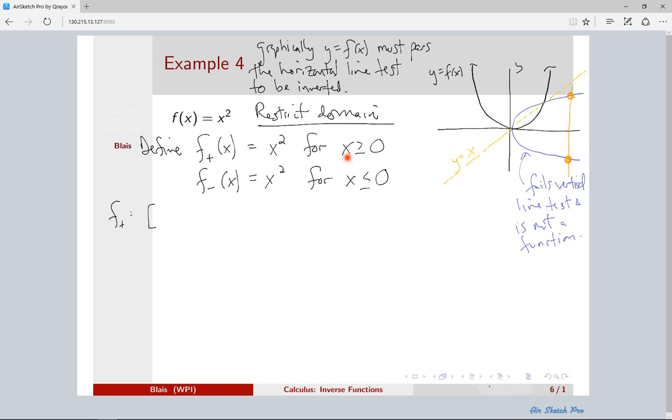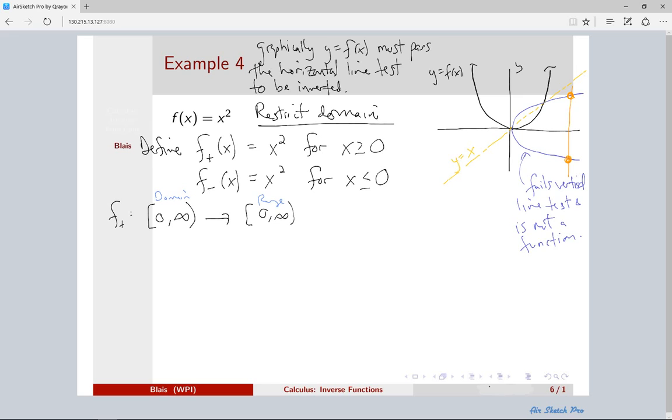We're only feeding it non-negative real numbers, so we can only feed it numbers in [0, infinity), and its range, well, x squared will always be 0 or greater, so its range is [0, infinity). And again, this is new notation that comes in handy for this type of work, where we say this is the domain and this is the range.